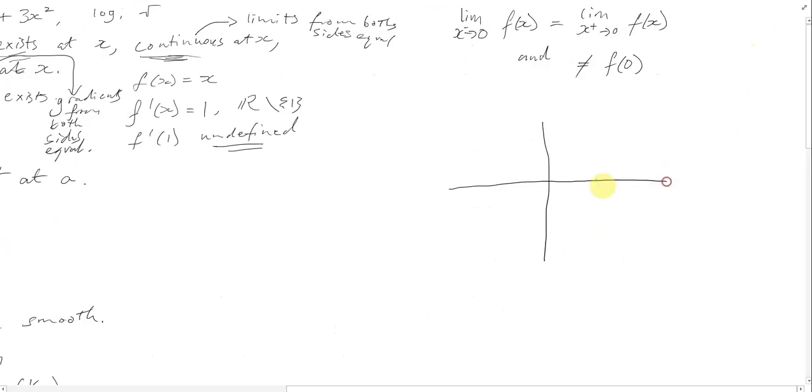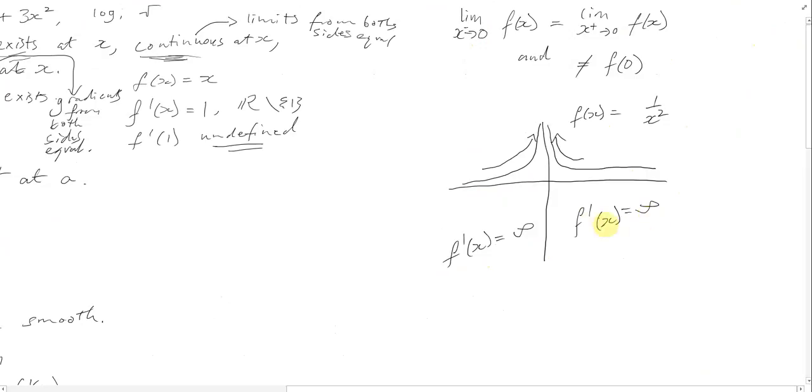Here's one that you've seen before, a truncus. It has the equation f of x equals 1 on x squared. You notice that as we approach from this side, the gradient's becoming larger and larger. It's becoming infinite. So f dash of x on this side is becoming infinite, and over here, f dash of x is becoming infinite too. By the way, this is the limit as x approaches 0 from the positive side, and this is the limit as x approaches 0 from the negative side.